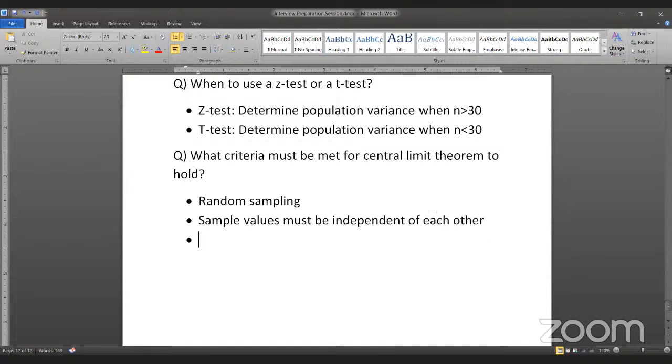And third, the sample size should be greater than 30, or we must have a large enough sample size. These three conditions should be followed if we want the central limit theorem to hold.